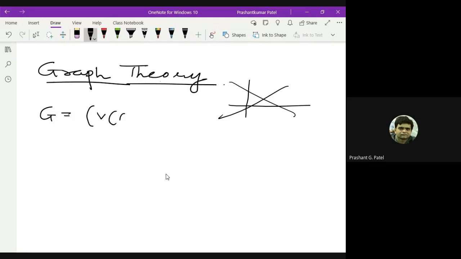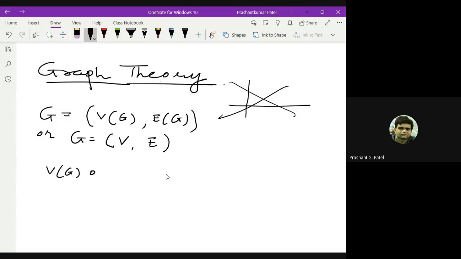I can say it is V of G and E of G, or just defined as the ordered pair V and E. So it's consisting of two finite sets, where V of G is known as the vertex set of the graph, which is a non-empty set.